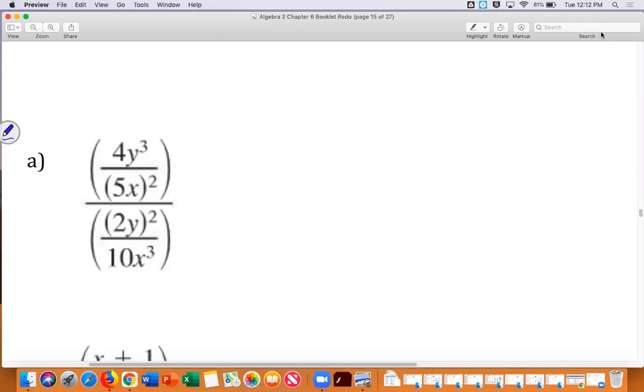So 5x squared would be 25x squared, because I have to do 5x times 5x. So 5 times 5 is 25, and x times x is x squared. The 4y cubed, nothing's really going on with that. Divided by, now on bottom, I have 2y squared, so it's 2y times 2y. That's going to be 4y squared over 10x cubed.